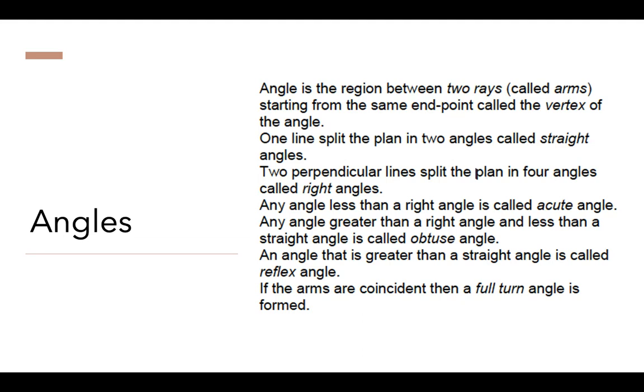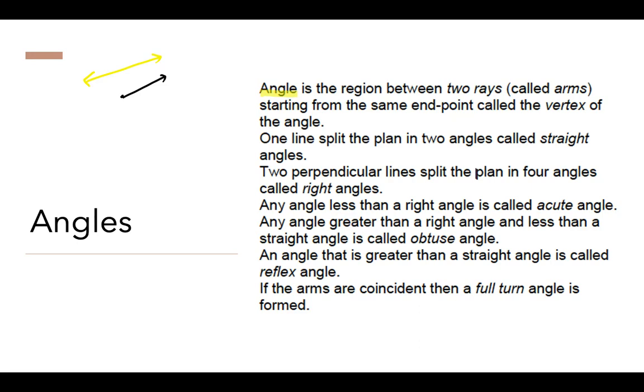First of all, we need to understand what an angle is. An angle is a region between two rays, starting from a vertex point. If I have to show you, this is a representation of a line. A ray, on the other hand, is from a point to an arrow.